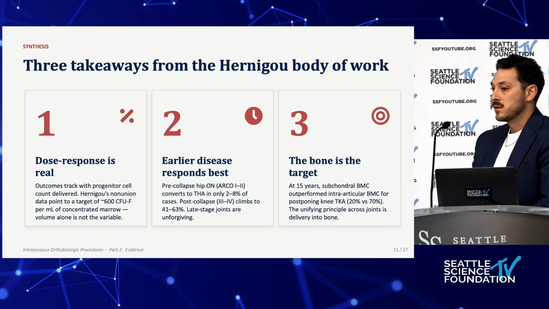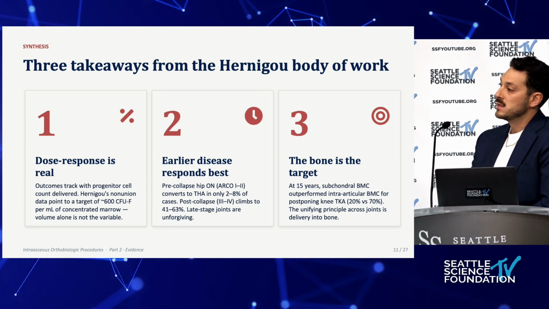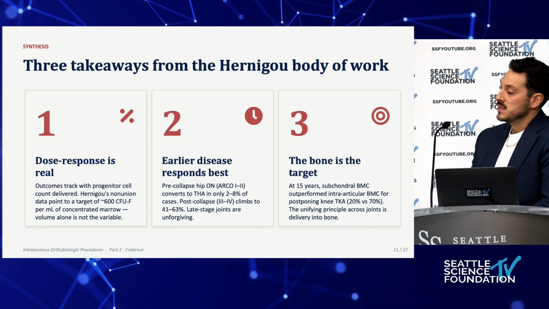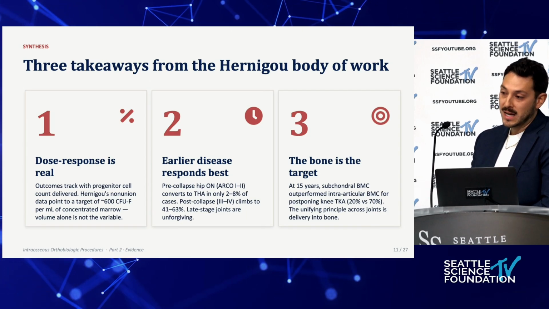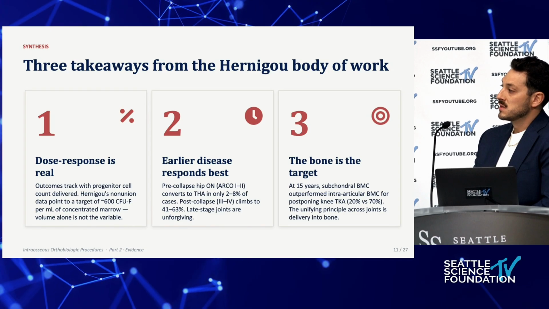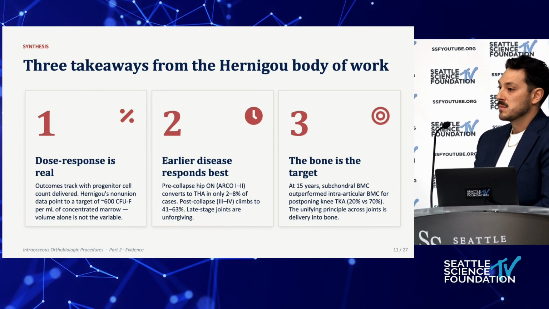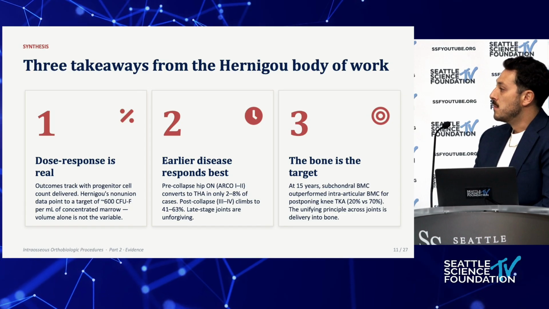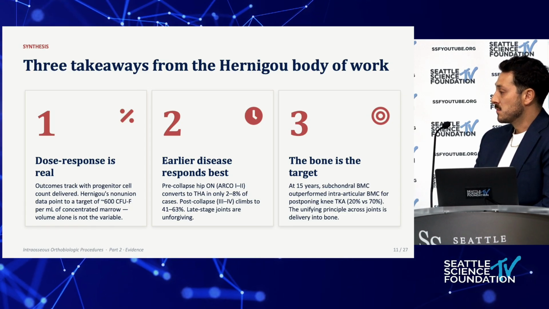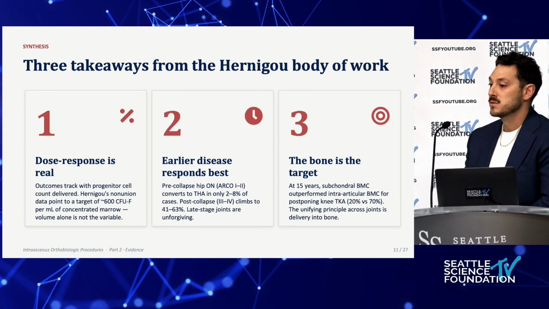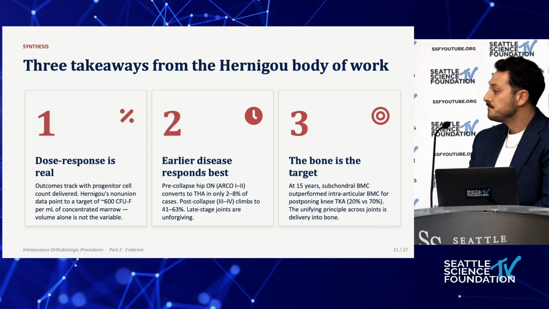It's harvesting the amount of cells that you're going to get, and that is dependent on how many places you access and also on the patient's age. Earlier disease responds best, so pre-collapse hip osteonecrosis responds much better and only converts in 2 to 8% of cases in the earlier stages. If you're catching patients later on, you're not really going to have the same sort of outcome. And bone is the target. At 15 years, subchondral bone marrow concentrate outperformed intra-articular bone marrow concentrate for postponing total knee arthroplasties.